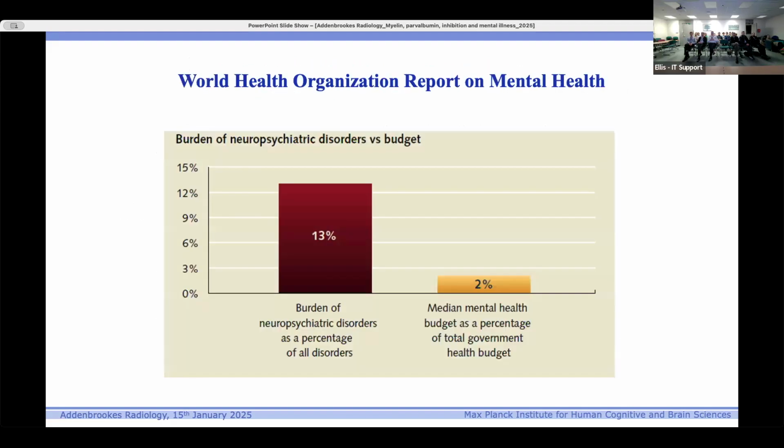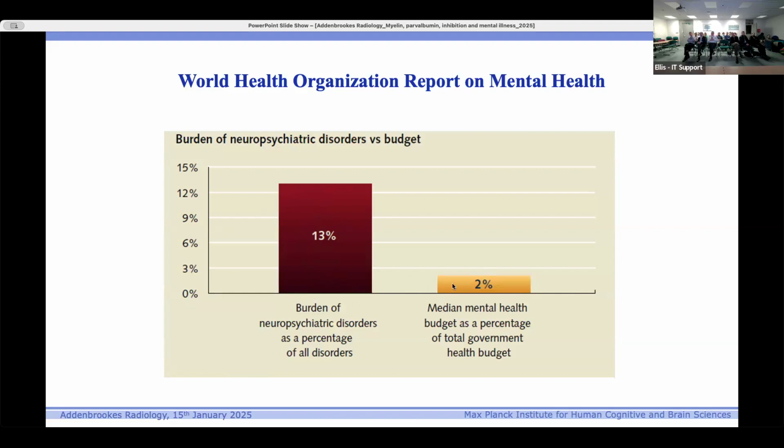But when we look at how much money is spent proportionately on these different conditions, the burden of neuropsychiatric disorders as a percentage of all disorders is, say, around 13%.